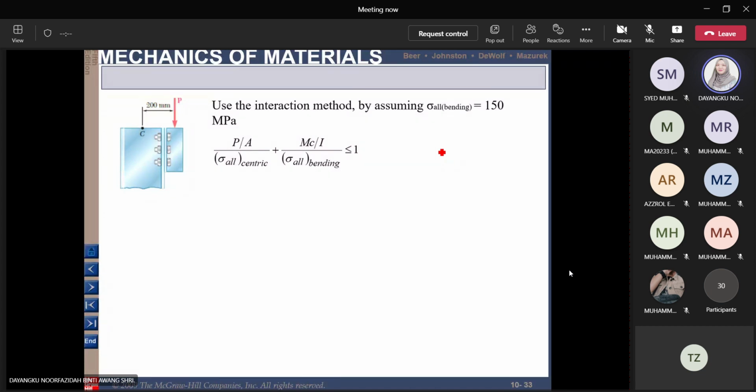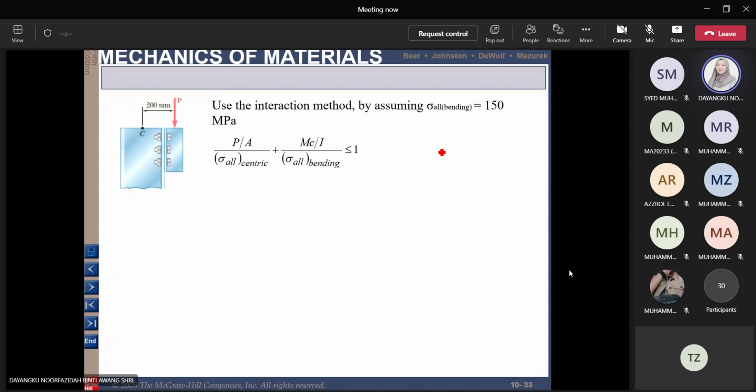Usually for the interaction method, the allowable stress for bending is given to you. Before, you already got the value of the allowable stress for centric as 97.